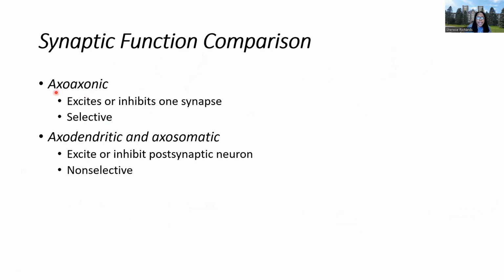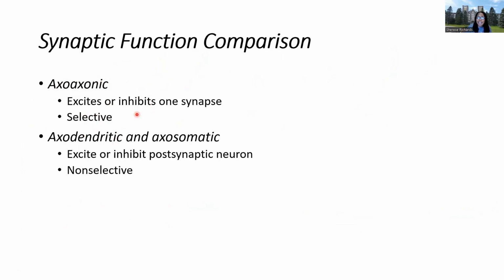All right, and again, just looking at presynaptic modulation, this is an axoaxonic type of synapse. So it's basically where one neuron excites or inhibits another synapse.